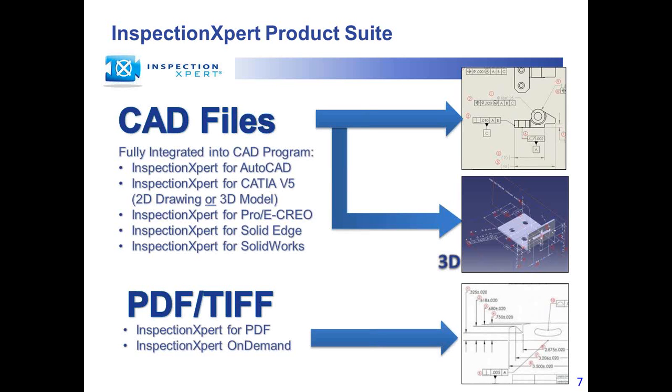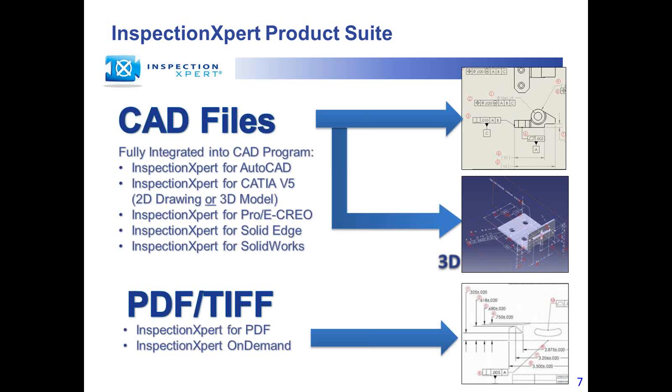Sure. So what we just showed you was the InspectionXpert On Demand, which is the product that you see at the bottom of this screen, and also the InspectionXpert for CATIA, which is listed in the section about CAD files. InspectionXpert actually has integrations into multiple CAD programs, including AutoCAD, Pro-E, or Creo, Solid Edge, and SolidWorks.